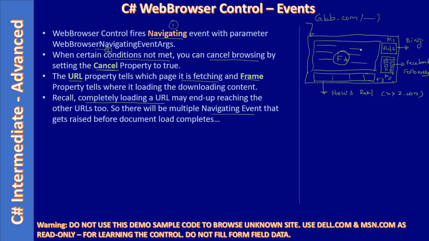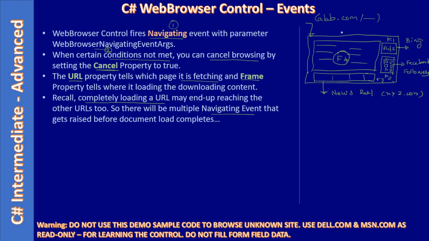So even though the user is visiting the site abb.com, the complete loading of the entire document requires visiting other 3 sites as well. The user typed abb.com, but loading this page will get completed once the content is downloaded from Bing ads, Facebook followers, and newsreel from xyz.com.